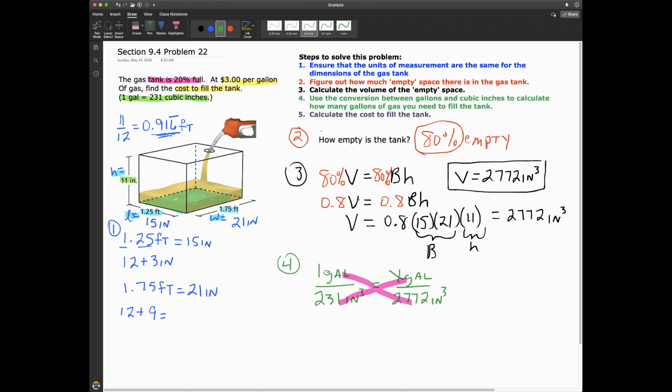That gives me 2,772 inches cubed times 1 equals 231 inches cubed times x. To get x by itself, divide both sides by 231 inches cubed.